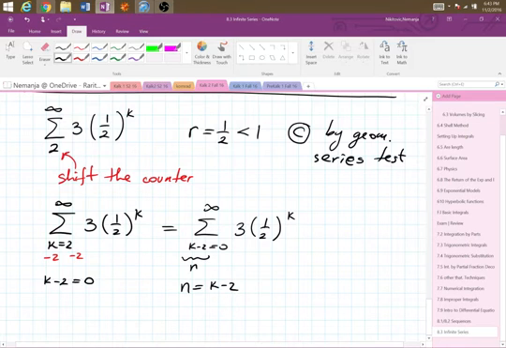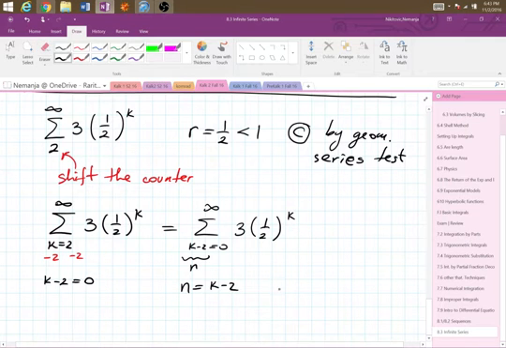But now that I renamed my counter from k to n, I have to rename the exponent as well from k to n. Remember the u sub? You change all x's into u's, and then you change also dx into du, right? So this is technically the substitution part, where you exchange all k's into n's. Don't forget to change that one as well in the exponent.